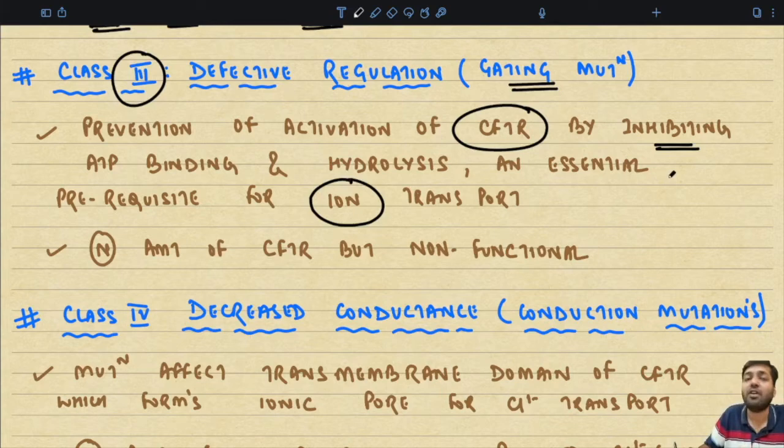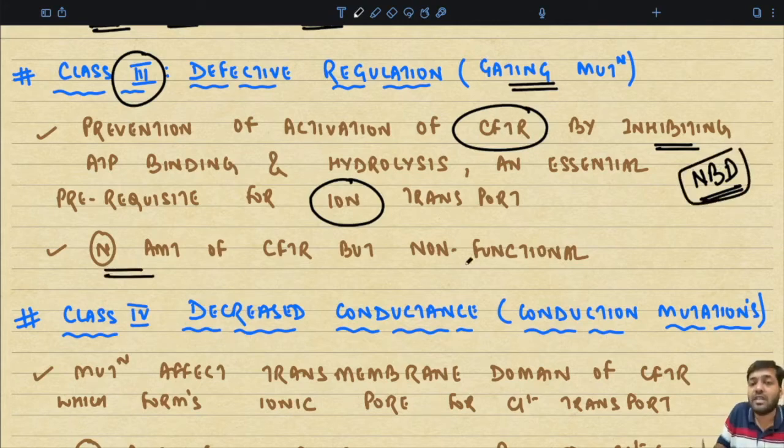In the normal functioning of the CFTR, we had seen that for its activation, the ATP binding and hydrolysis at the NBD site is very important, and that does not take place. So over here you find normal amounts of CFTR, but they are non-functional.